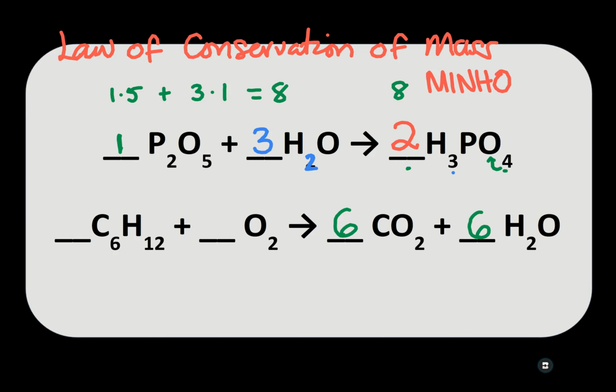So as I'm looking at this, right now I have one C6H12, I have six CO2s, and six H2Os. So I will use those to determine my number of O2s, the O's on the O2.